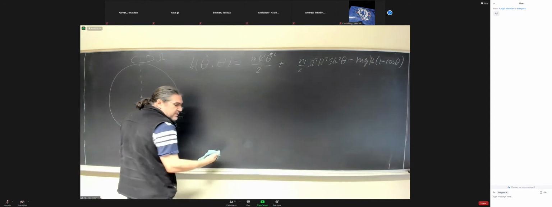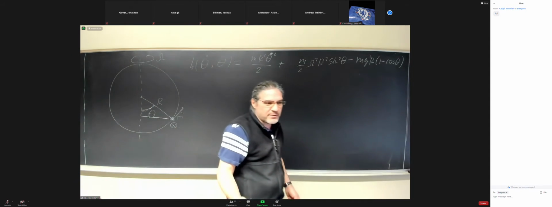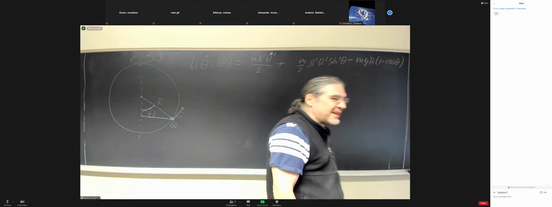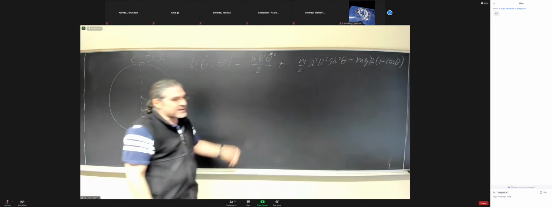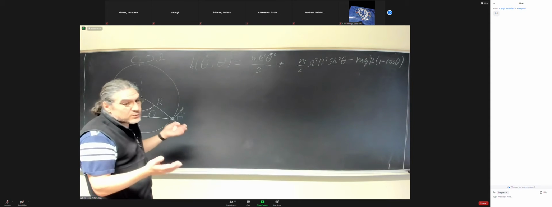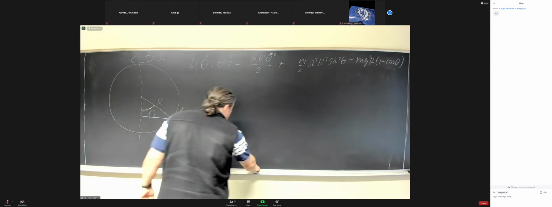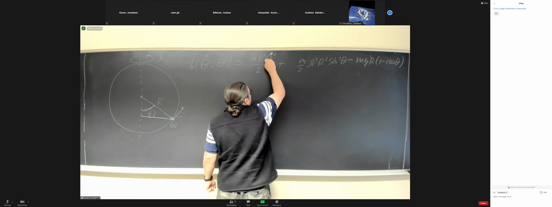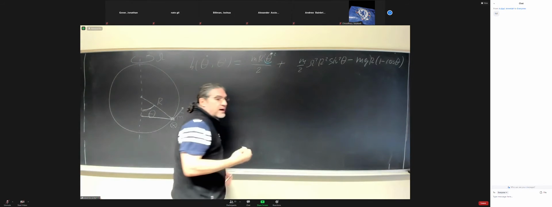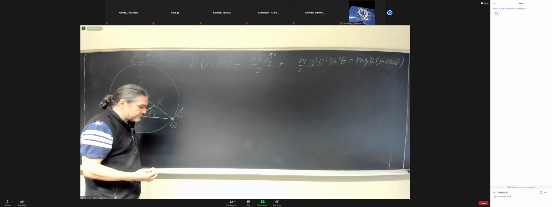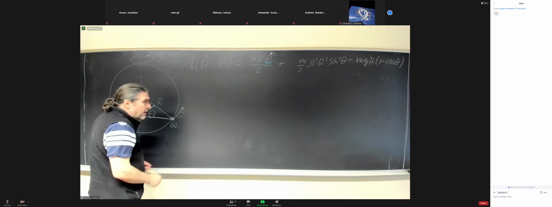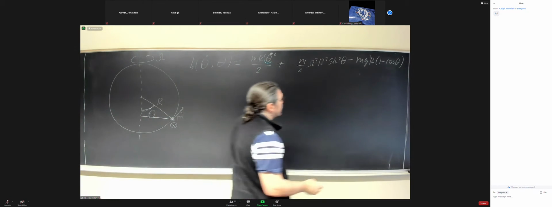But remember, I don't really want to solve this problem. I want to see something about this problem. So let me now look at this Lagrangian and first of all see where the variables theta dot and theta are. The theta dot is here, and nowhere else. There is no other theta dot anywhere. Everywhere else I have only theta.